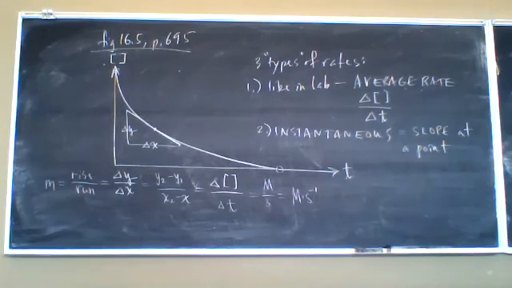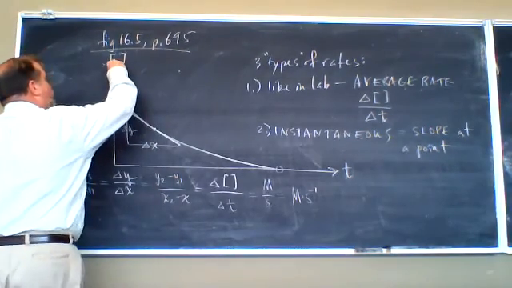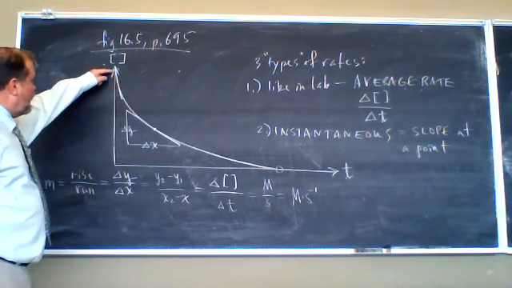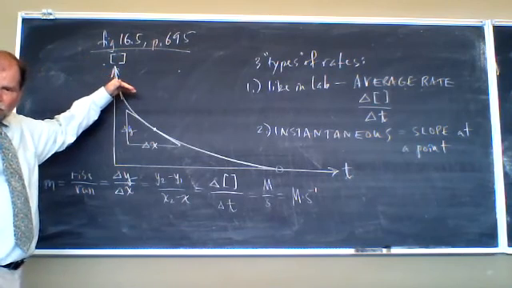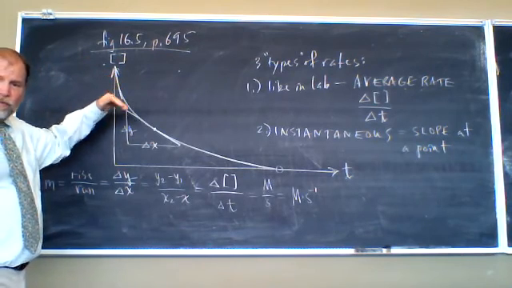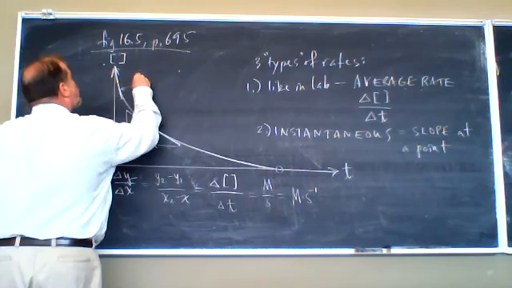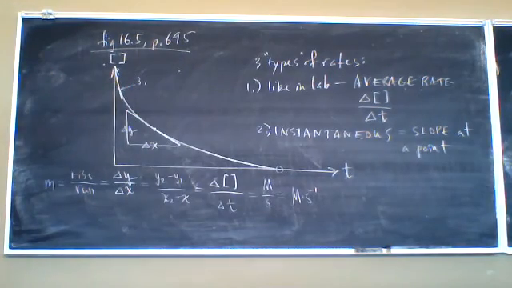Now, the third type of rate that we can measure is the one that is actually most frequently used. It is measured within the first 10 seconds. I'd like you to notice that the tangent line here is nearly the same in all directions. And so this is rate type number 3.